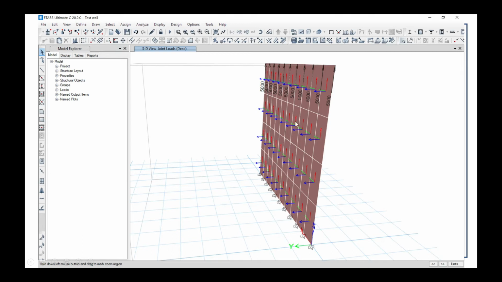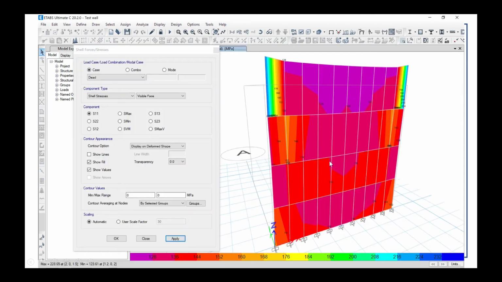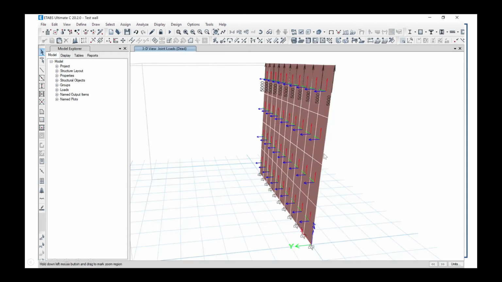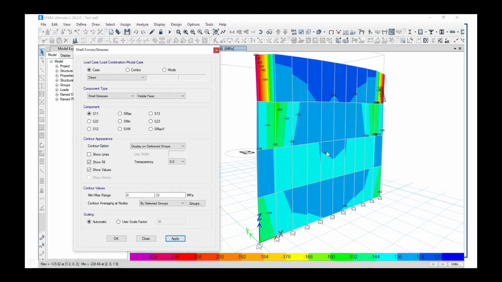This is the direction of the local axis in the wall, and the result of the tensile stress is a positive value. At the bottom it is 136 megapascals, and at the top it is 128 megapascals. So the tensile stress in ETABS is positive, and compression stress in ETABS is negative.